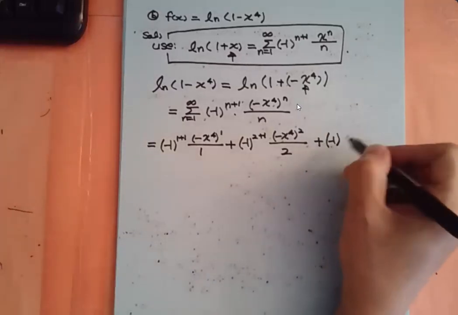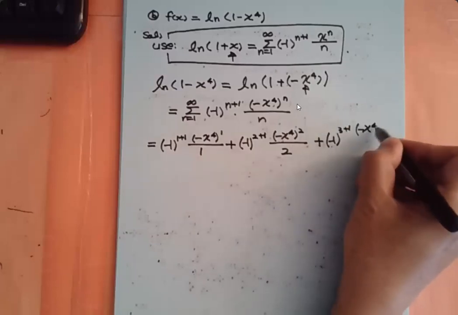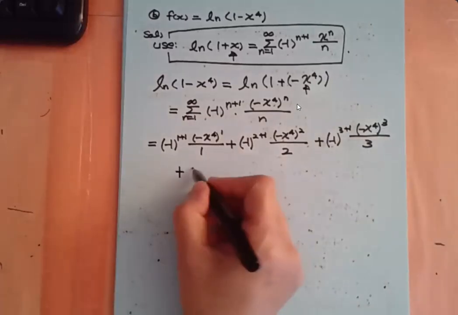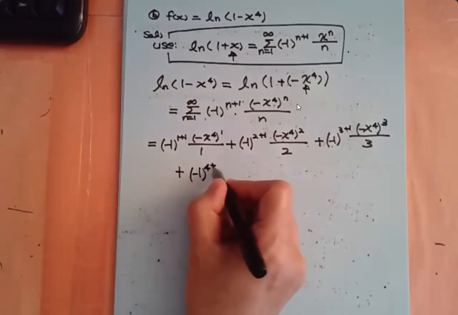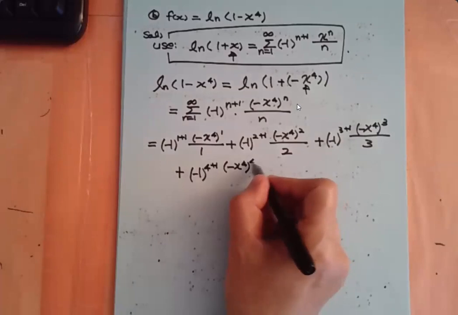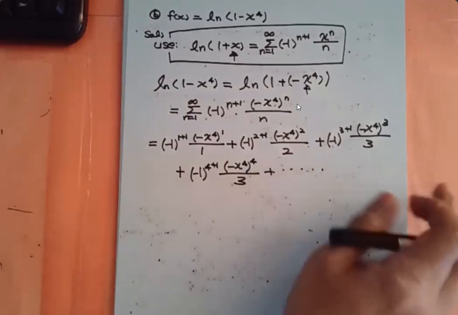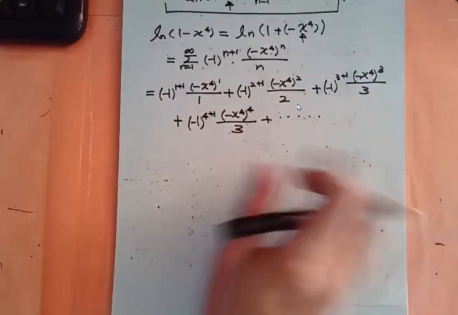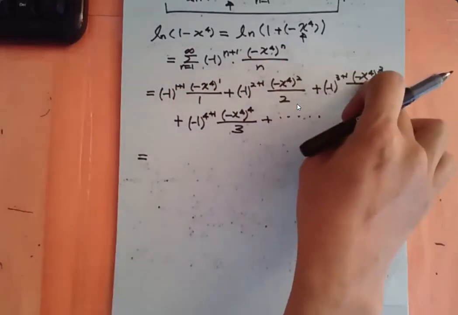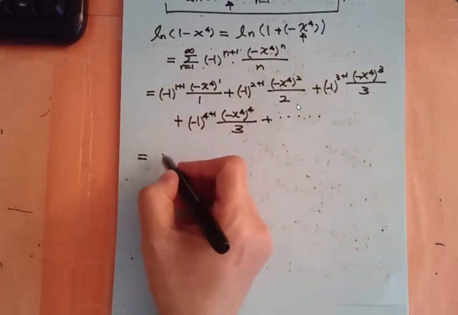Plus negative 1 to the 3 plus 1 power, negative x to the 4th power cubed over 3, plus negative 1 to the 4 plus 1 power, negative x to the 4th power, fourth power over 4, and so on. But the answer will be just about the first four terms.